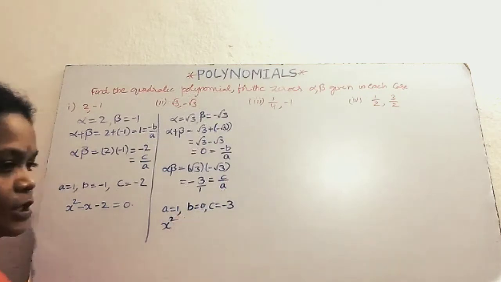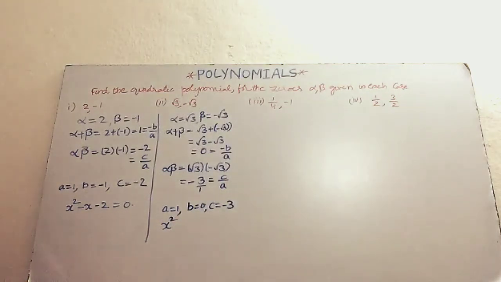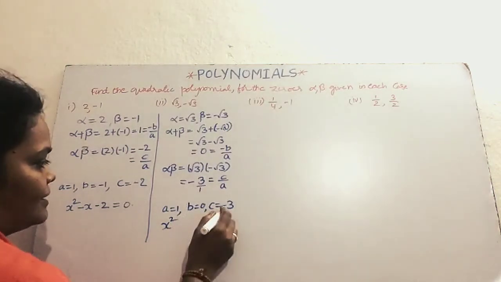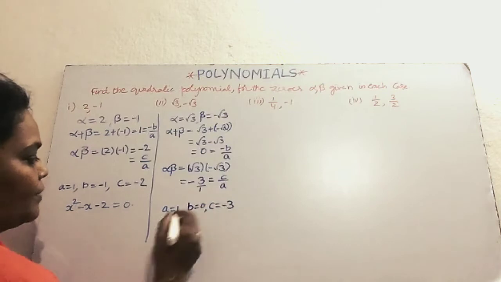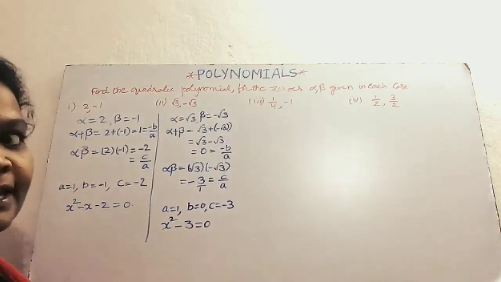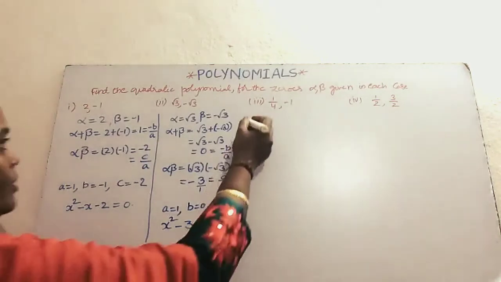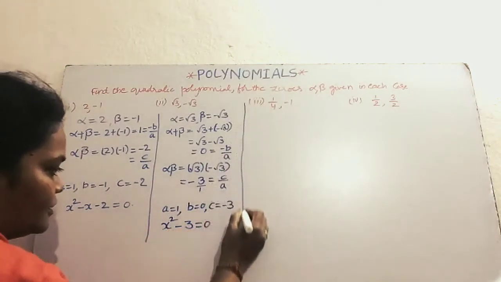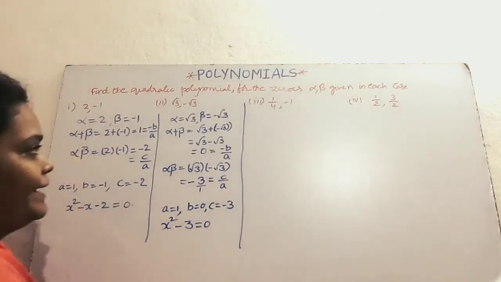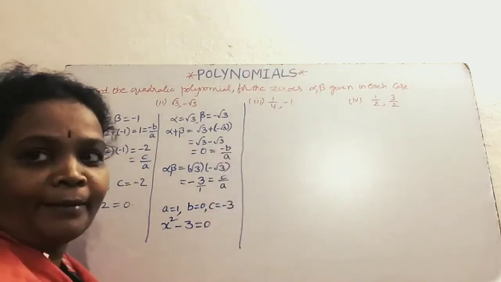Here the x term is 0, that means the coefficient of x is 0, so the b term is not there. Then the c term, what is c? Minus 3. So x square minus 3 equal to 0. That is the quadratic polynomial for these alpha and beta values.